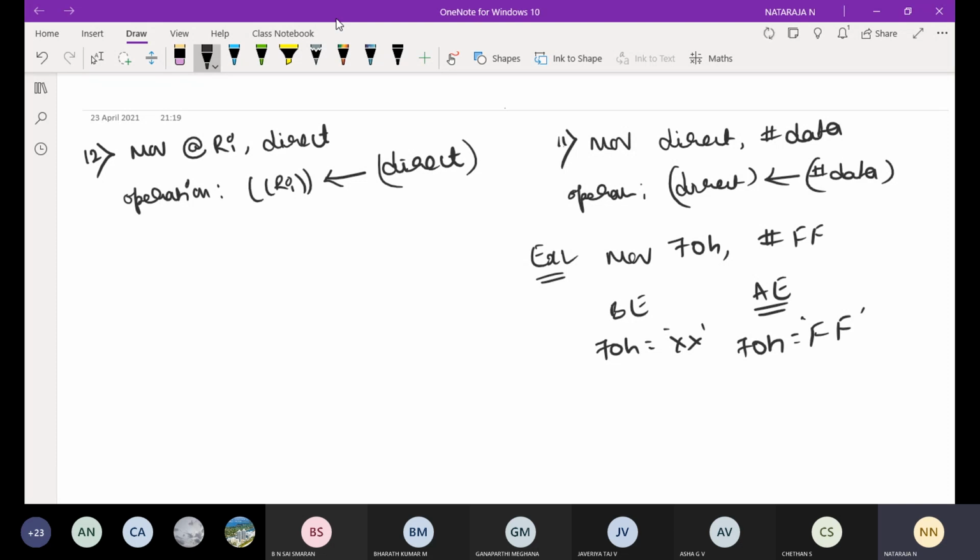Now I will write an example. Move at R1 comma 70h. Can you write the execution? Before execution, after execution. Take some value and write the contents.